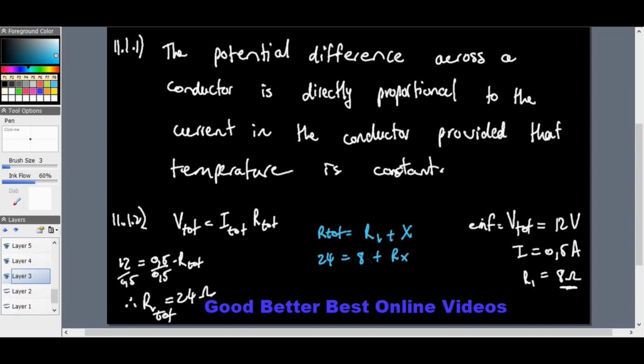In order to find Rx, it would be 24 minus 8. So therefore, the resistor named X should be 16 ohms. And that is the end of 11.1.2.